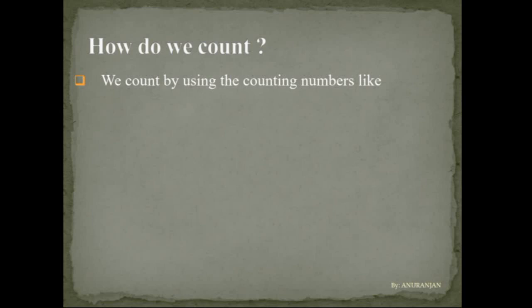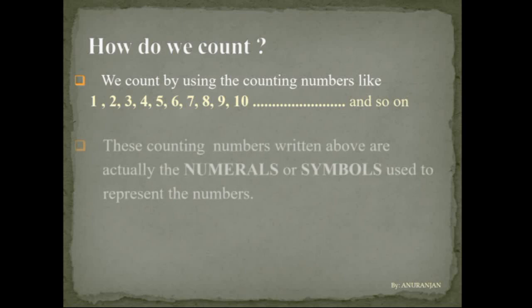Yes, we count by using the counting numbers like 1, 2, 3, 4, 5, 6, 7, 8, 9, 10, and so on. Well, these counting numbers written above are actually numerals or symbols used to represent the numbers.